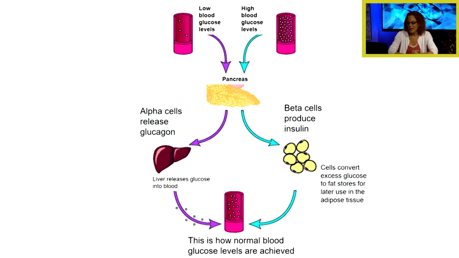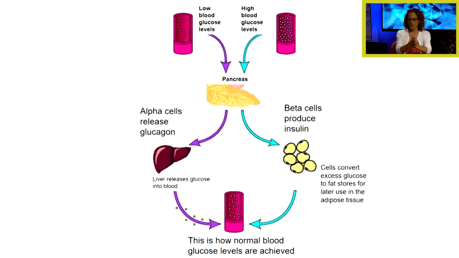All right? So the idea here is that our blood glucose is never too low and it's never too high. What we like to have is what is known as a euglycemic state, which is a balance. Okay? Homeostasis, that word's going to come up again and again and again, and it has to do with balance in the body. All right?